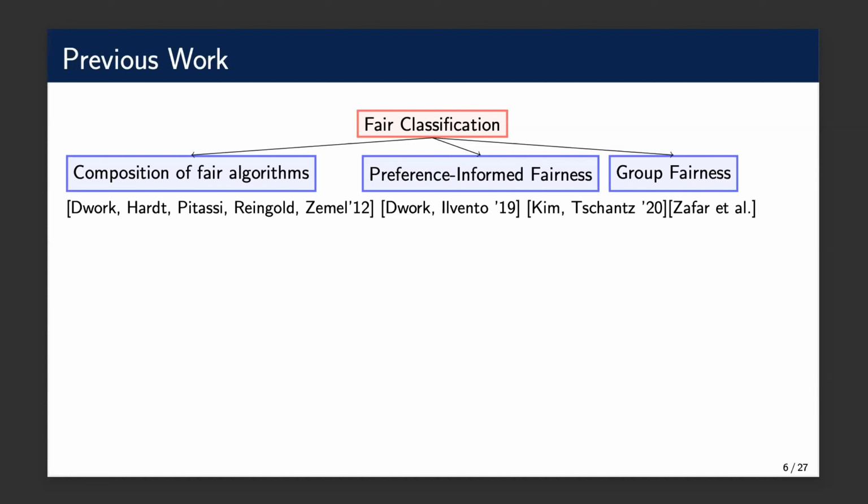After that, the work of Dwork and Ilvento talked about composition of fair algorithms that are fair in isolation, but now we want to see what happens when we combine them together. Kim and Shin talked about preference-informed fairness and mixed these ideas with envy-freeness. And finally, Zeng et al. introduced the concept of group preference-informed fairness.